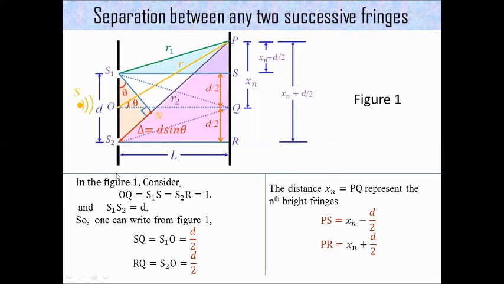As we consider S1S2 equal to D, so S1O equal to SQ will be equal to D divided by 2. And S2O equal to RQ equal to D divided by 2.